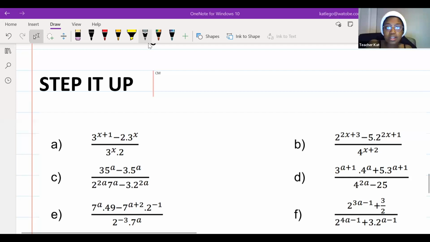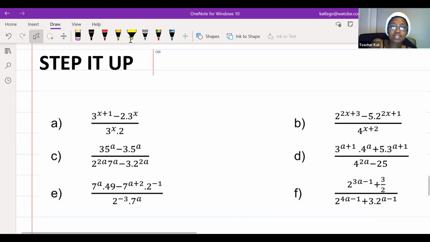Okay. So guys, now we're stepping it up. Apiwe has concluded the previous section so beautifully that it's time to step it up. But guys, these look like the ones we did above, right? Do you remember when we started off? We said we want to isolate this 3 to the power of x. You cannot cancel it with the one in the denominator because we have a negative there.